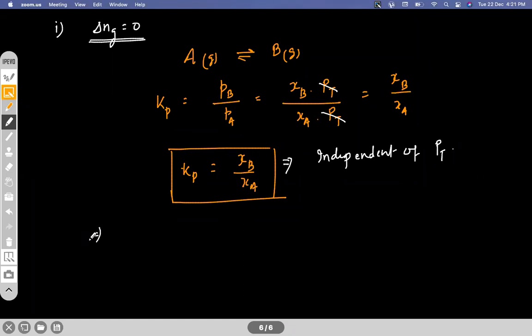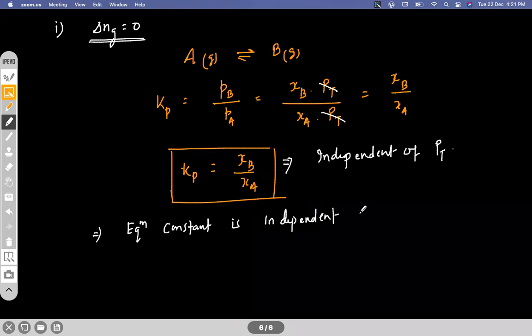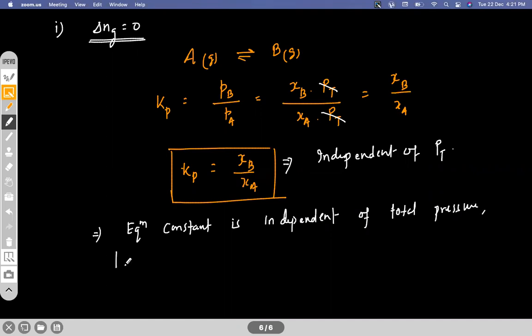So write down here: equilibrium constant is independent of total pressure, hence there is no effect.